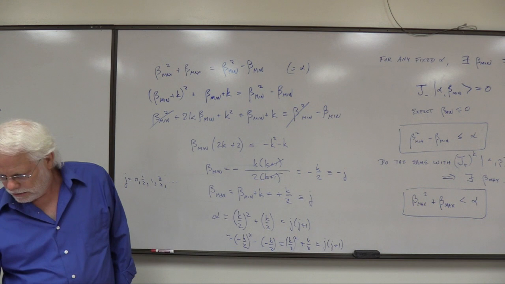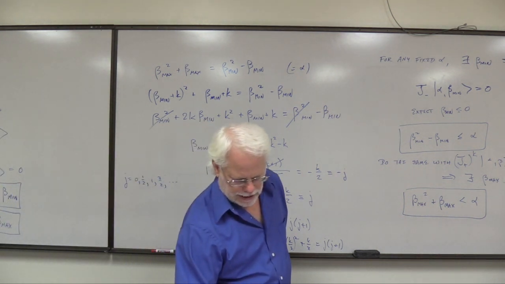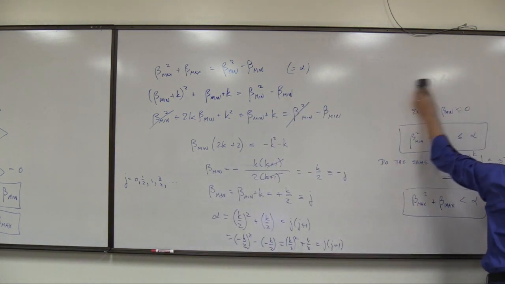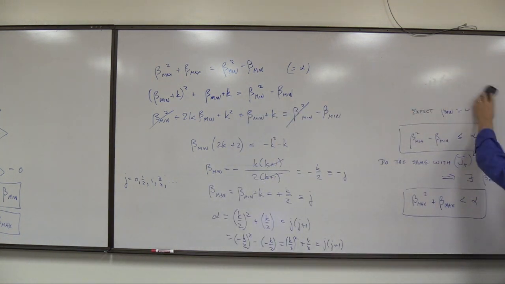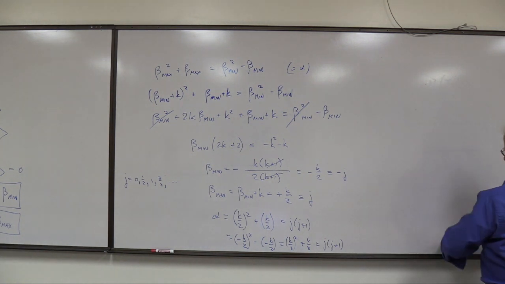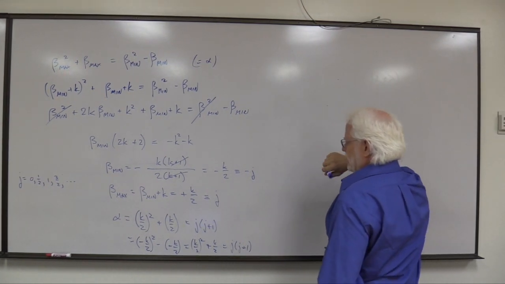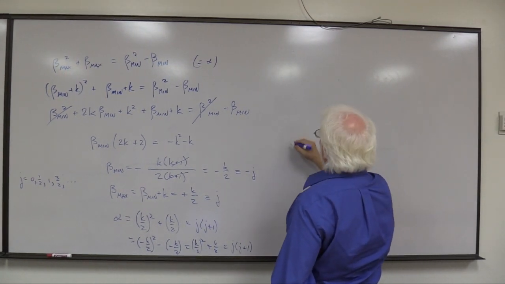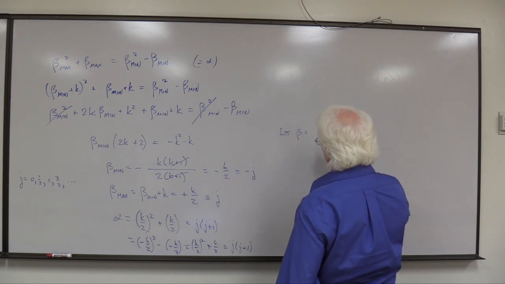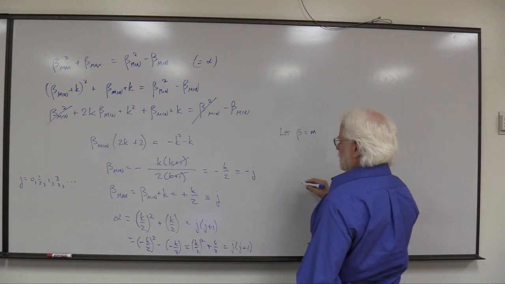And now I think we're there, because we can write all of the eigenvalues. Let's define beta to be m.